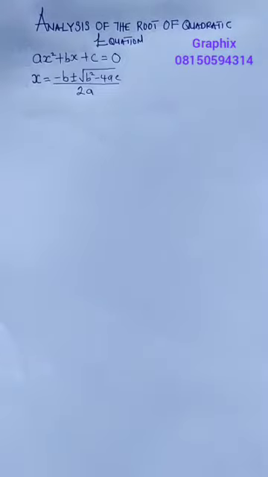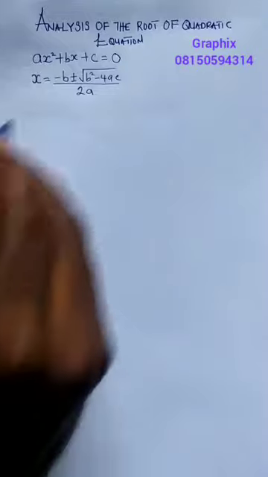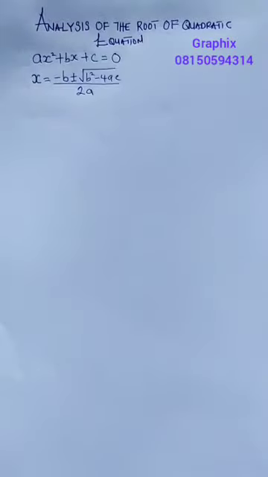Right? Now, we know that whenever we solve a question under quadratic equation, we always have two answers, which are two solutions. These two solutions are called the roots of the quadratic equation. Now, let the roots of the quadratic equation be alpha and beta.